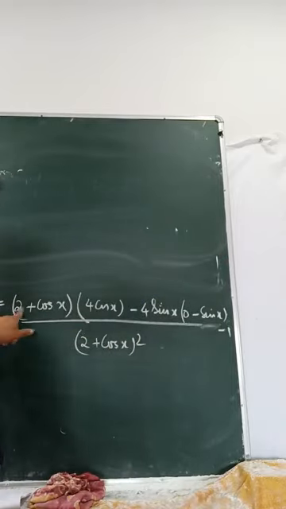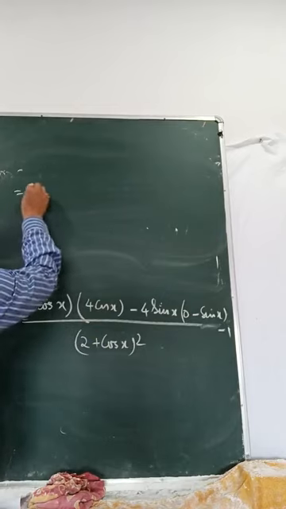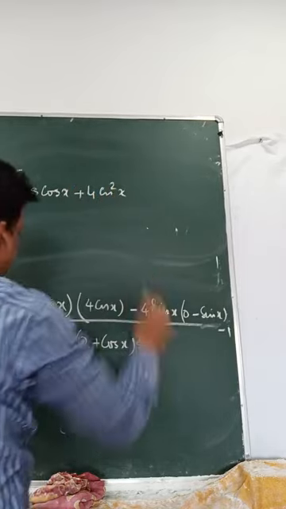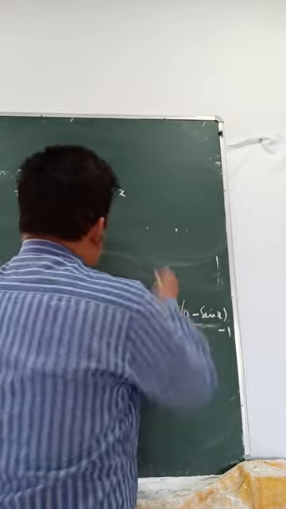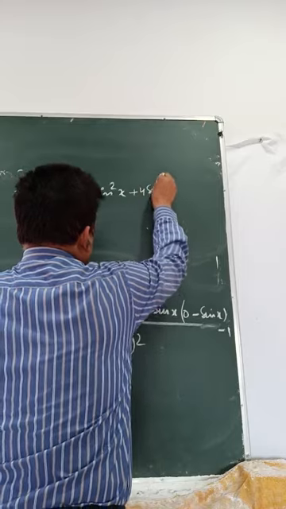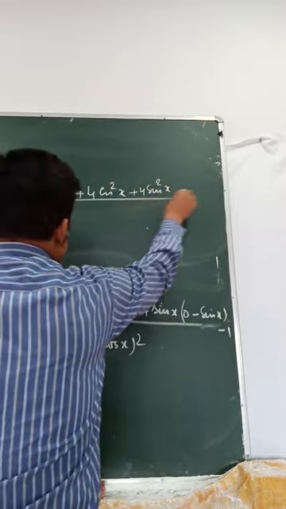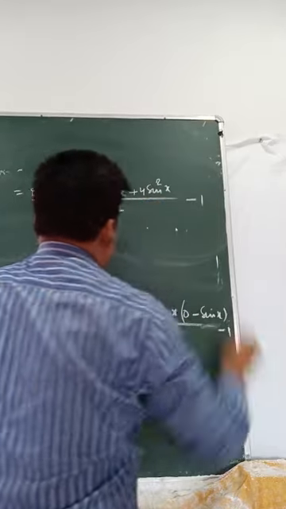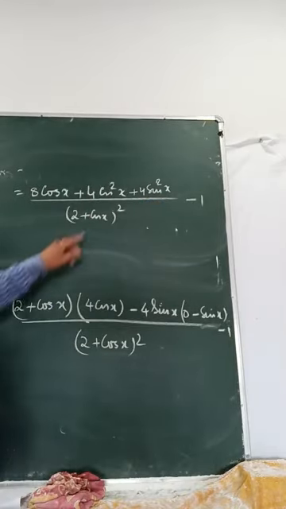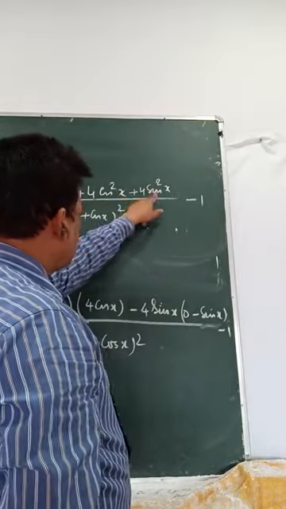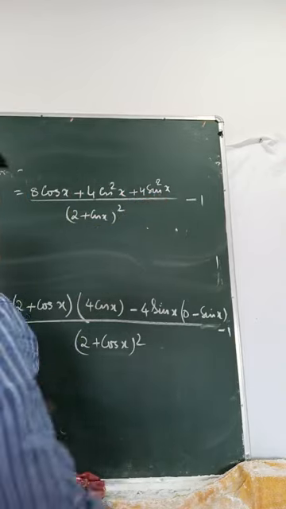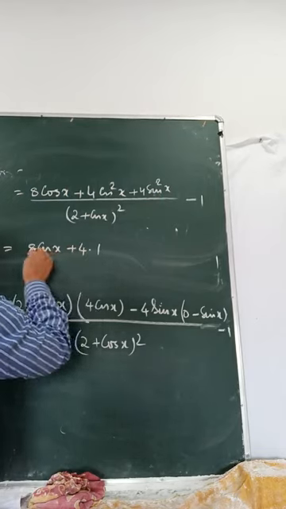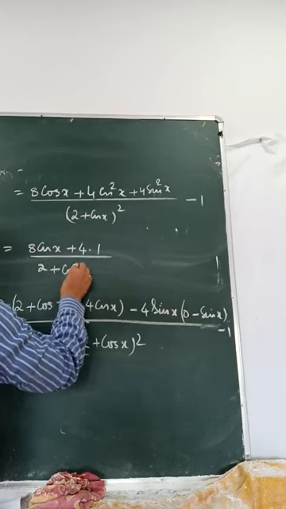Simplify: 8 cos x plus 4 cos square x, then minus minus plus 4 sin square x, divided by 2 plus cos x whole square, then minus 1. Okay, now if you take 4 common, cos square x plus sin square x is 1. So that will be 8 cos x plus 4 by 2 plus cos x whole square.